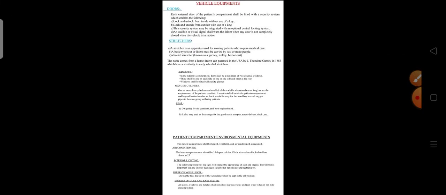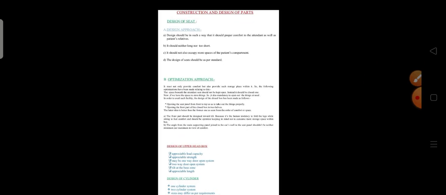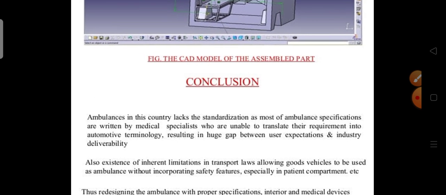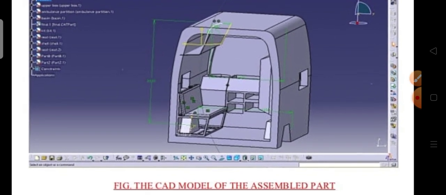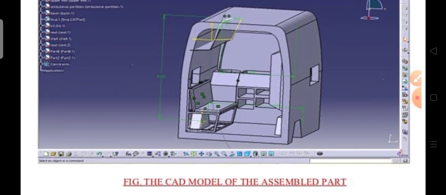This also no need. This is a drawing of the kit box that will be in the ambulance. If you want, you can write it, you can draw it.